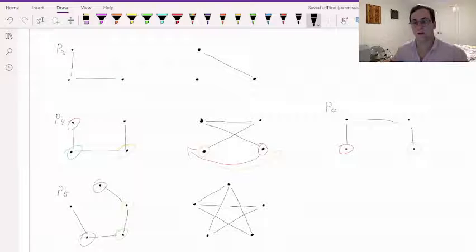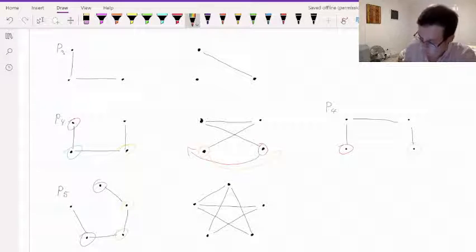Now, if you're good at your visualization, what you can do is you take one graph, you take the complement, and you overlay the two, and you should hopefully arrive at a complete graph. That's easiest to see, in my opinion anyway, with these paths.